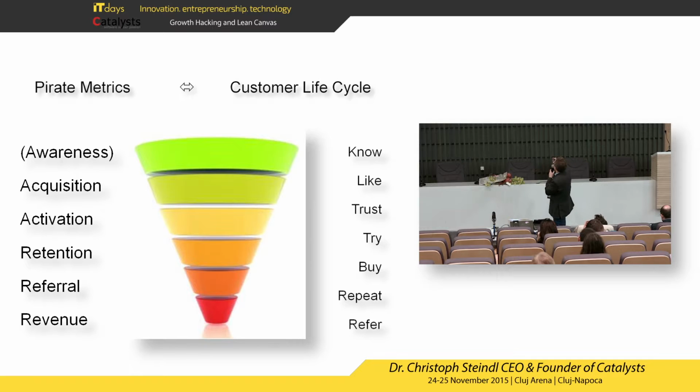On the right side, you see that in a similar way, you can think in customer lifecycle terms. As a growth hacker, you always think about the cost of acquiring a user, the customer acquisition costs. What does it cost you to get one more user? And on the other hand, you think of the lifetime value of a user.